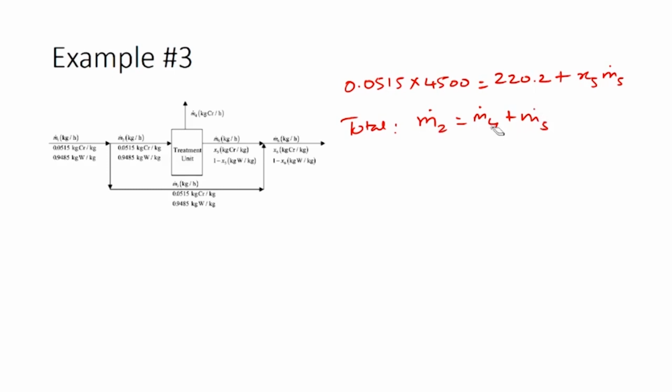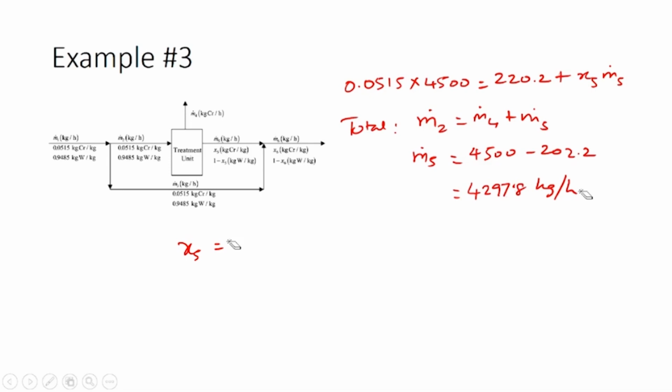We already know M2 and M4. So, we can calculate M5 as 4500 minus 220.2, giving you a value of 4279.8 kilograms per hour. Substituting the value for M5 dot in the chromium balance equation, we end up with X5, the mass fraction of chromium in stream 5 leaving the treatment unit, as 0.002707 kilograms per kilogram.